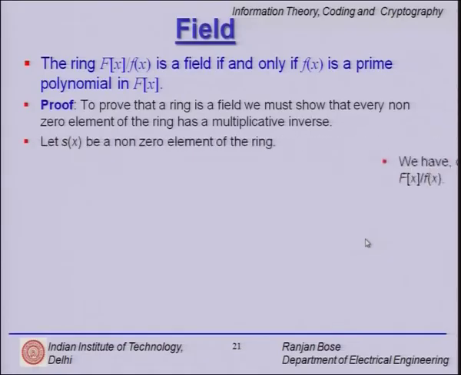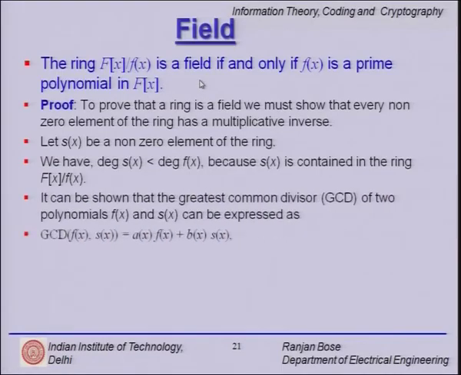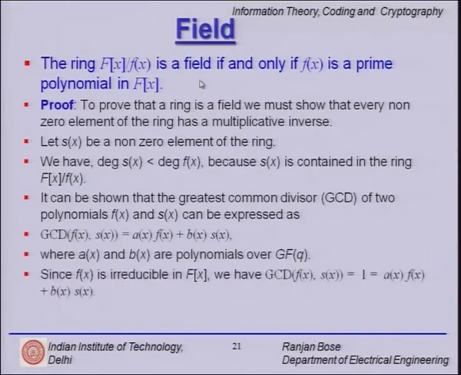So, we quickly go over the next two slides. The ring of polynomials F[x] divided by f of x is a field if and only if this f of x is a prime polynomial, that is, a monic irreducible polynomial. It cannot be factorized over the GF(q) we are working at, and the proof is pretty simple. To prove that a ring is a field, we must show that every non-zero element of the ring has a multiplicative inverse, and that is what we do here.